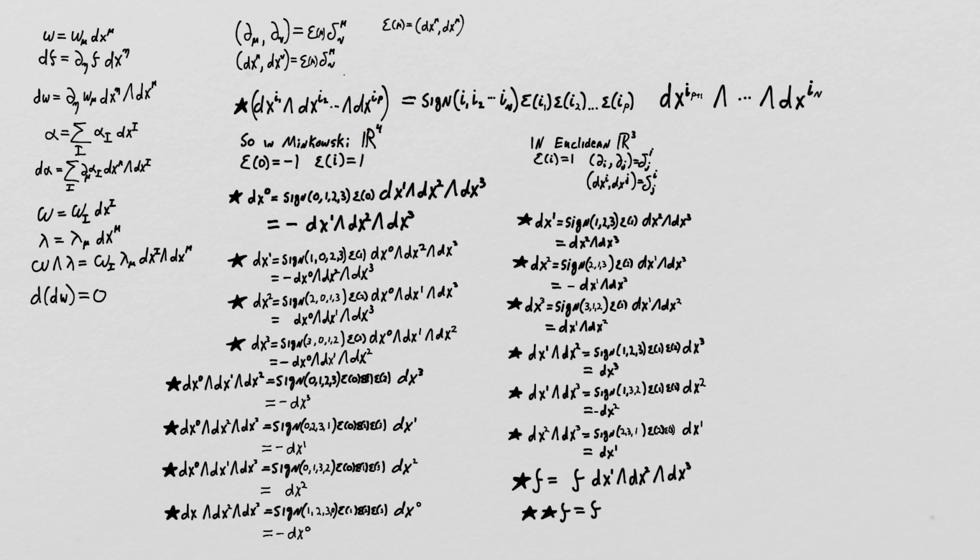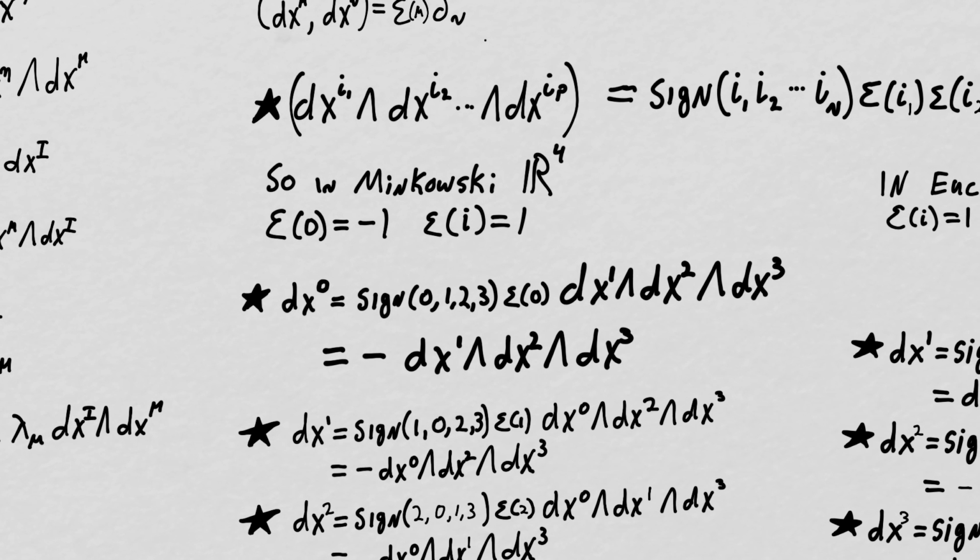So we have a four-dimensional vector space, V. Noting that in Minkowski space, the zeroth basis vector is going to come in with a minus 1, meaning its inner product with itself is minus 1. But all the others, the epsilon values for dx1, dx2, and dx3, are all going to come in with a plus 1.